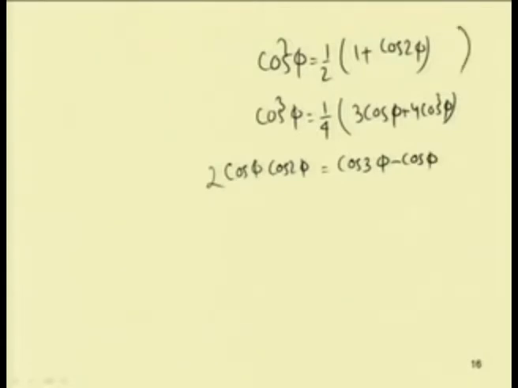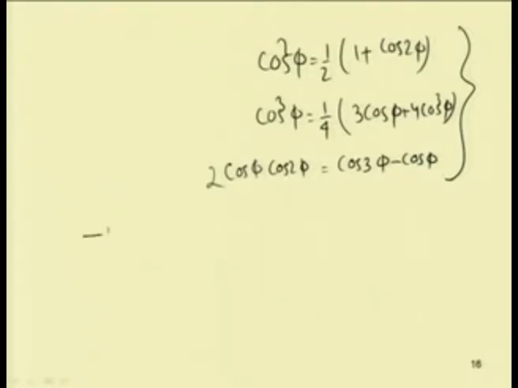So, by substituting these in the previous equation and equating the coefficients of cos phi, cos 2 phi and cos 3 phi, one can write this expression like this. So, one can have these following 3 equations.